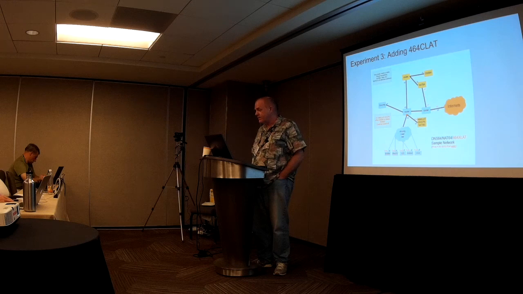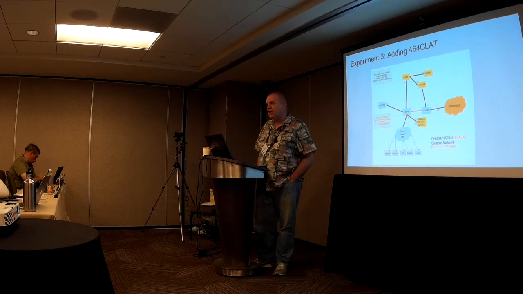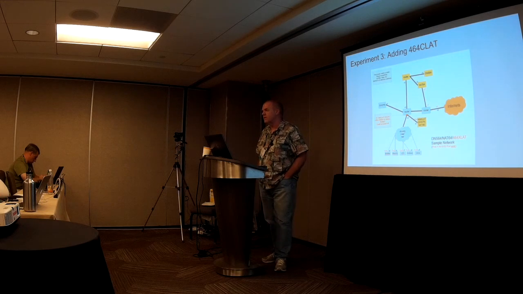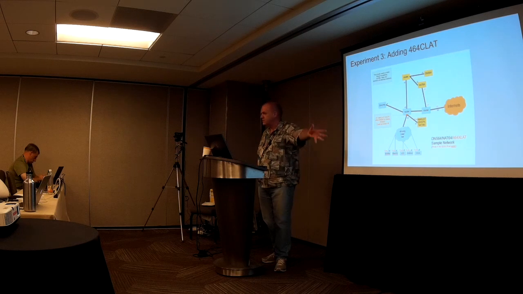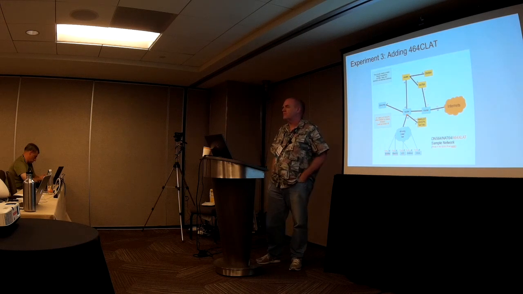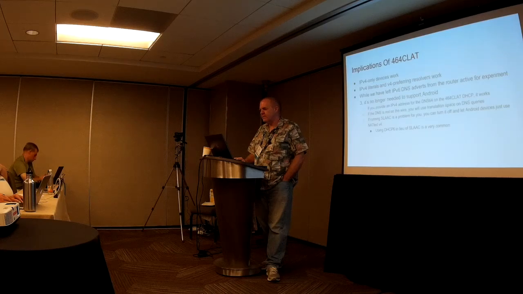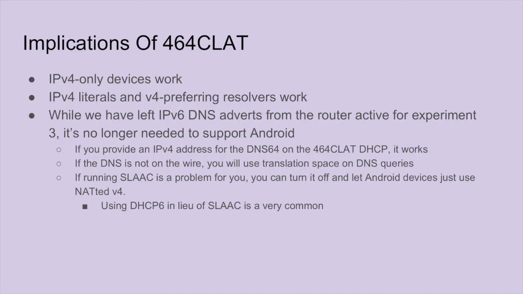And finding routers that do RDNSS is a little harder than finding routers that do DHCPv6 forwarding. Like all of my 6500 routers on the UH campus will do DHCPv6 forwarding, probably because it's an older concept.